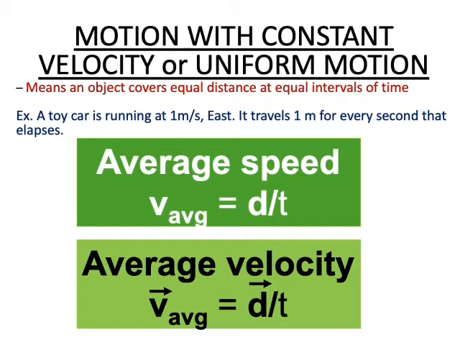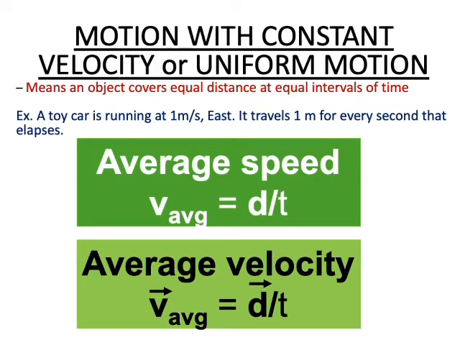We will move to 2 descriptors, average speed and average velocity. But before, this is a kind of motion that we call motion with constant velocity or uniform motion that we will use for the problem solving using average speed and average velocity formulas that we can see right now. This motion, or what we call uniform motion, means an object covers equal distance at equal intervals of time.